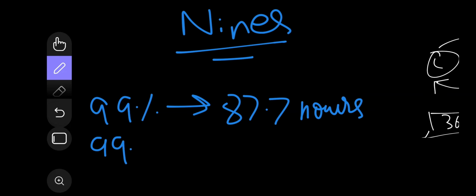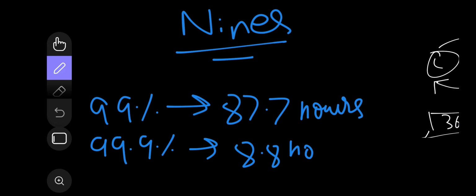Similarly, 99.9% refers to 8.8 hours of unavailability, because this is not available for only 0.1%. So 0.1% of 365 days is 8.8 hours. So if we have a system with an availability of 99.9%, it is available to us for more than 364 days.